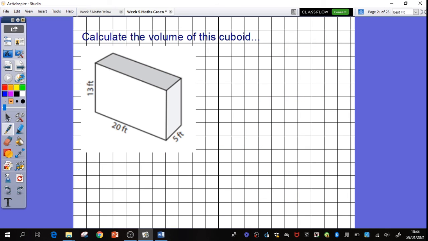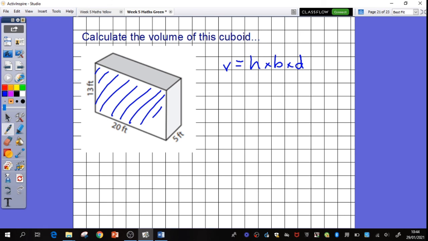Let's have a look at one more here. This one, my shape has been rotated slightly, so I'm going to have to picture this in my head a little bit. So first of all, volume is height times base times its depth. So let's try and find this white, well now shaded blue, face there, the rectangular face.